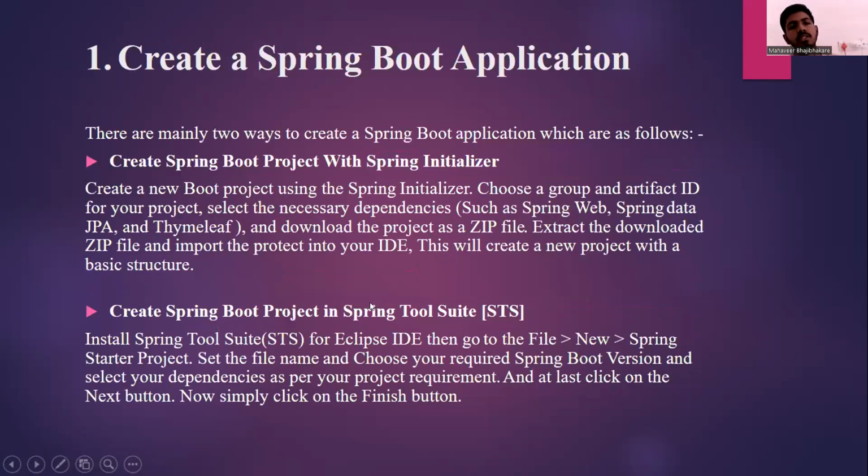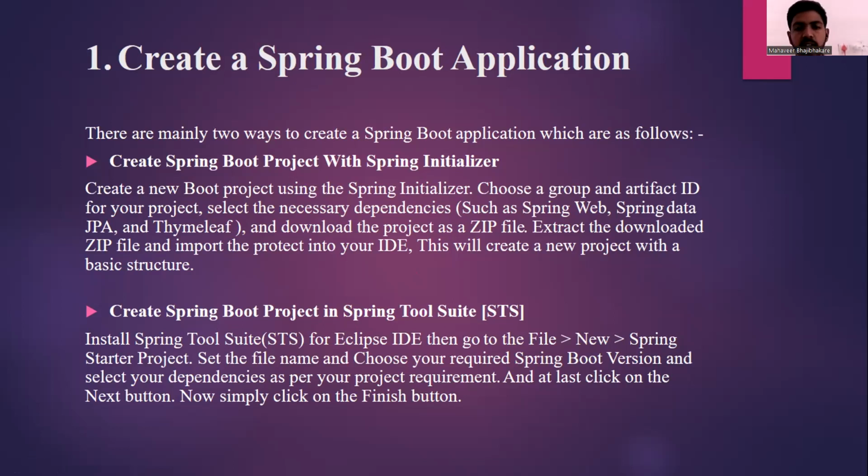So the first step is to create a Spring Boot Java application. For creating a Spring Boot application, there are two ways. The first one is we can create the Spring Boot project with the help of Spring Initializr.